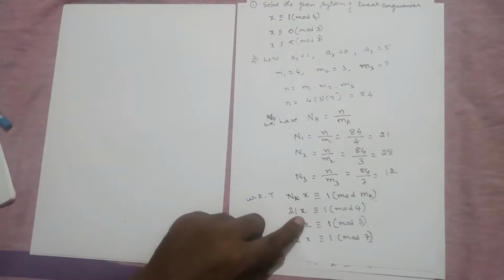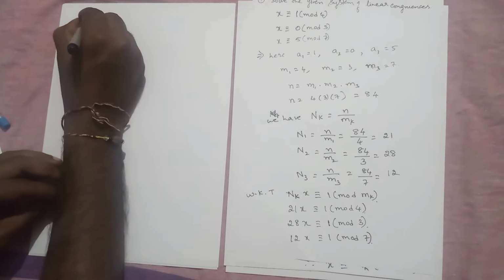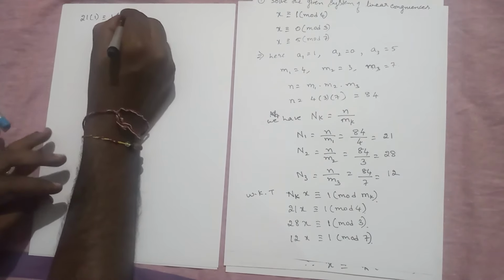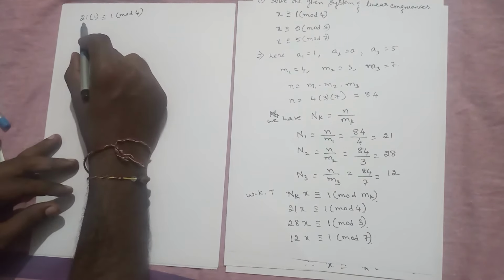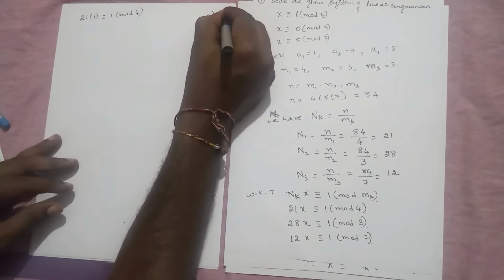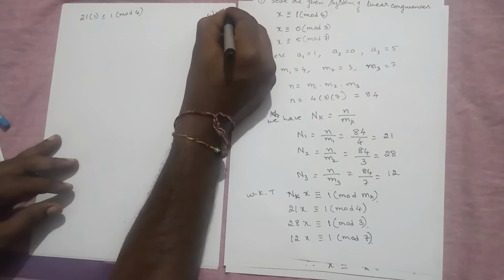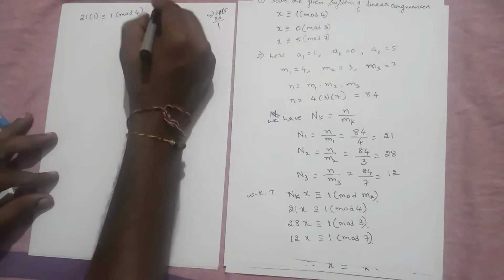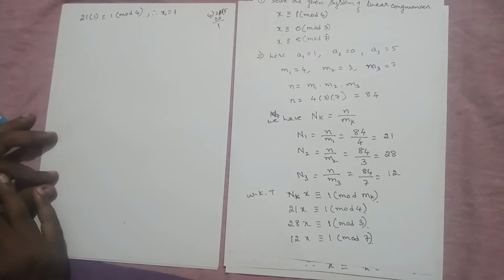So I am putting x equals 1. 21 into 1 is congruent to 1 mod 4. 21 divided by 4, 5 4s are 20, so the remainder is 1. Therefore x1 equals 1.